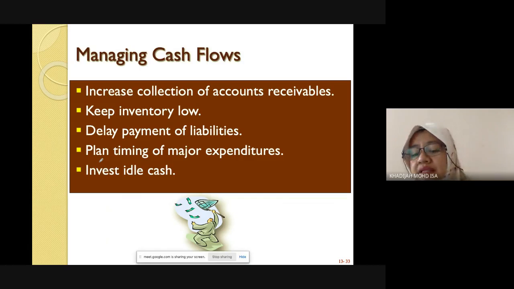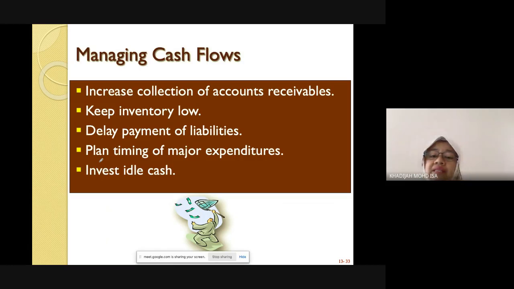And then keep inventory low. Remember that for the inventory to convert into cash, the inventory must be sold first. If you sell the inventory for cash, then you get cash immediately from your customer.